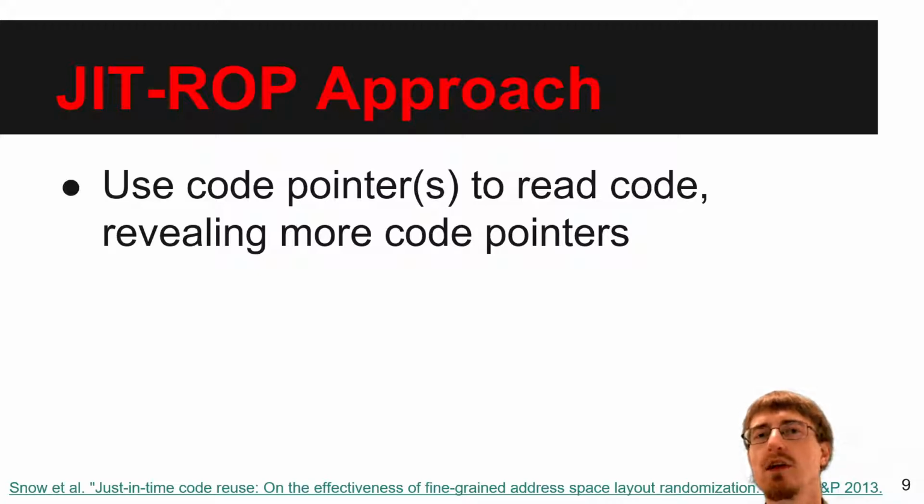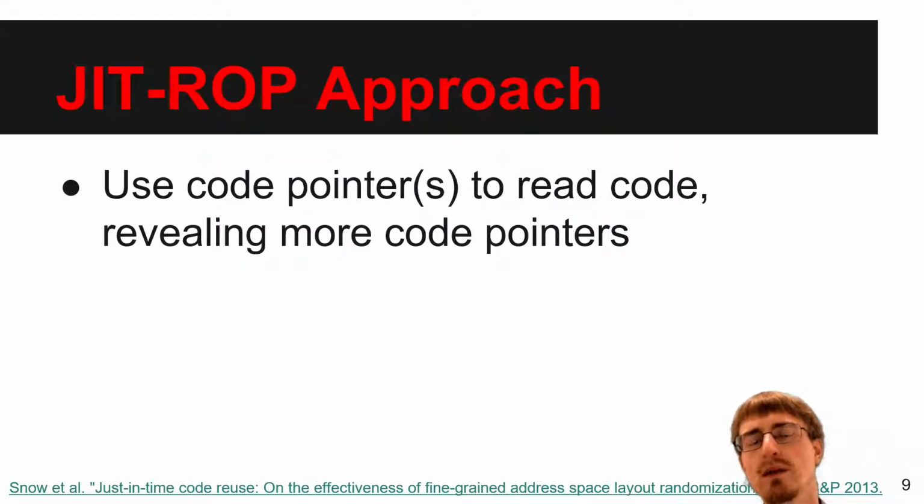First of all, we use the code pointer or pointers to read the code. And given that the code is executed, we know that this is basically sequential, at least by default. If the code goes somewhere else, we'll see it from the code. So we can use the code pointer to read code, and afterwards, unless we find an unconditional branch, we can just continue reading and reading more of the program.